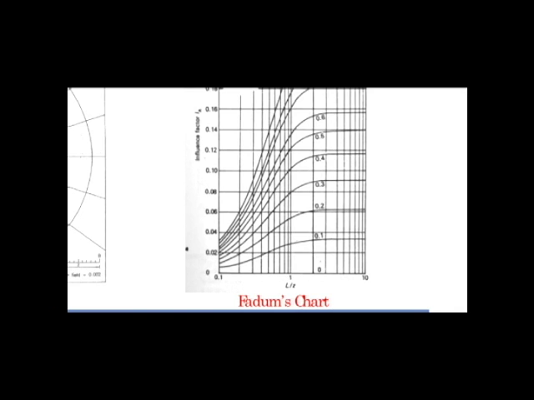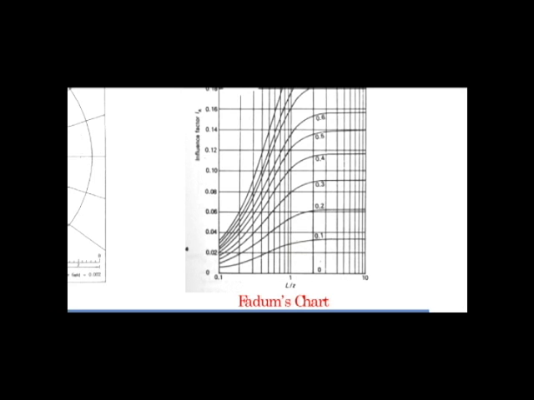So let's say your L over Z is equal to 1 and your B over Z is equal to 0.1. You just follow the curved line 0.1 to the x-axis at 1, so your IR would be between 0.02 and 0.04.